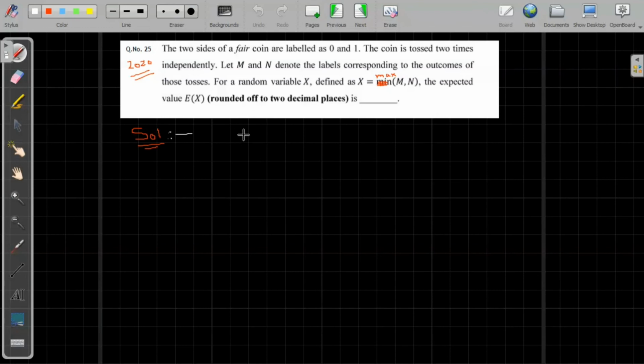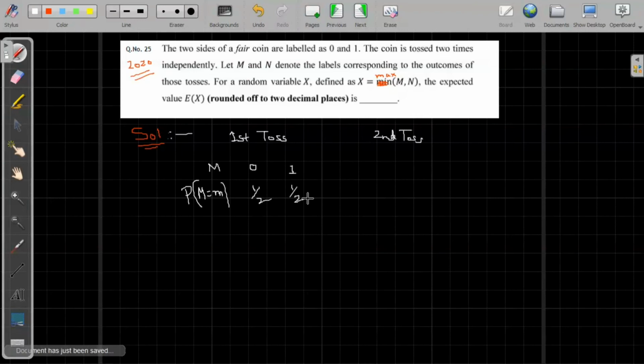In this problem, there are 2 tosses. The coin is tossed 2 times: first toss and second toss. In the first toss, the output is labeled as M. The output can be 0 and 1, and the corresponding probability that capital M is equal to small m is 1 by 2 and 1 by 2.